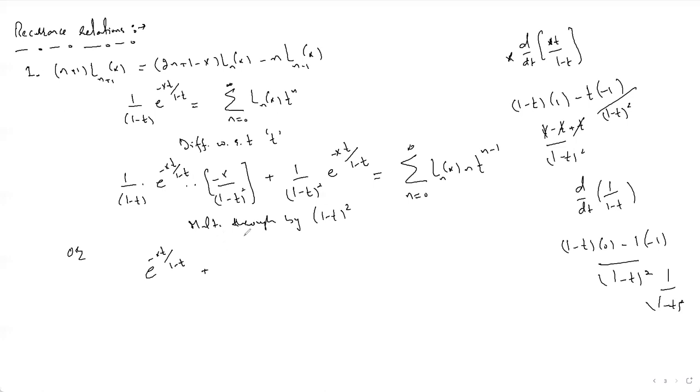Here we have 1 minus t square, and 1 minus t will cancel out. So it will be 1 divided by 1 minus t. The minus term: minus x is here, so I will write this as minus x divided by 1 minus t, because 1 minus t square will get cancelled with what I multiply here, then e raised to power minus xt divided by 1 minus t. This will be equal to, multiplying here, 1 minus t whole square into the summation of n L n of x, t raised to power n minus 1.